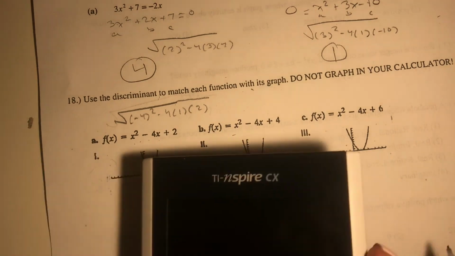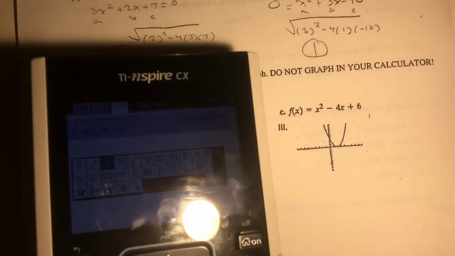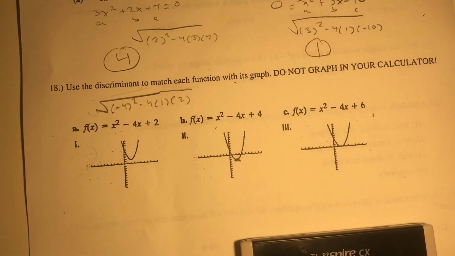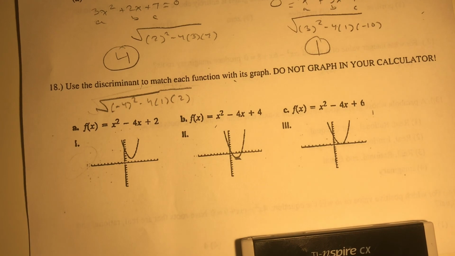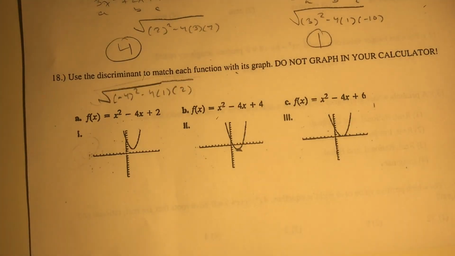Let's put that into our regular calculator, not the graphing calculator portion. We have negative 4 squared minus 4 times 1 times 2. We get 2.8284.